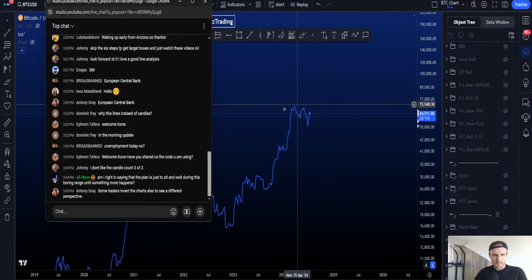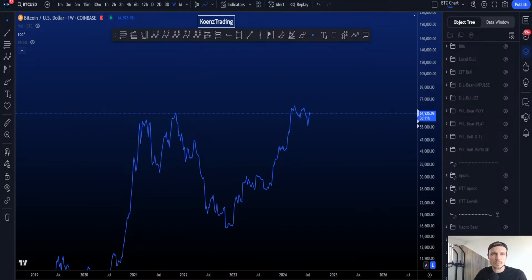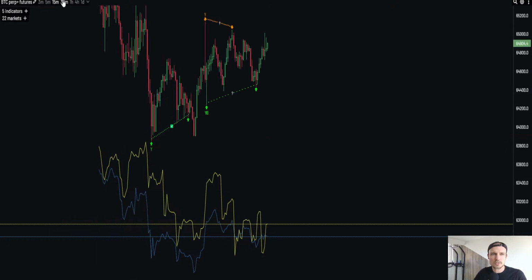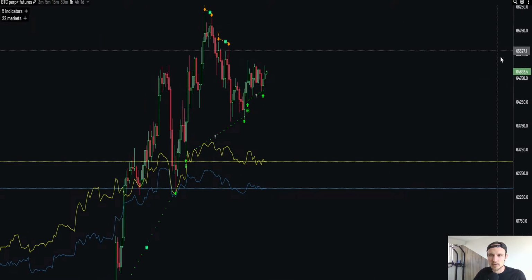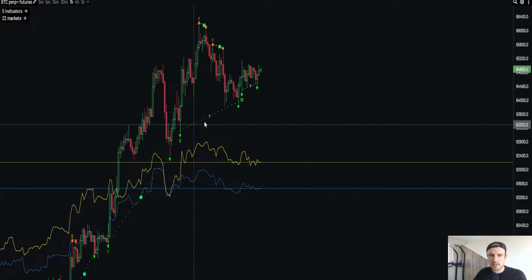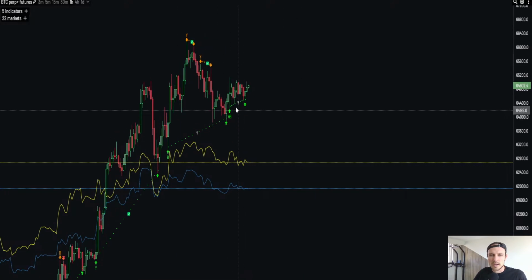Am I right in saying that the plan is just to sit and wait during this boring range until something? Pretty much, right? So, of course, with the bullish CVDs, if I zoom out, I always like chatting before actually going into the analysis, but we have this bullish CVD here, and we started building bullish CVDs locally.